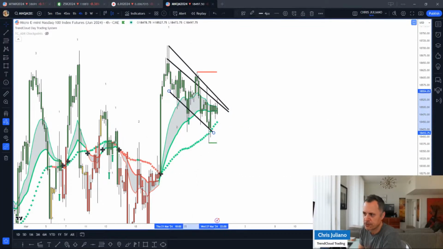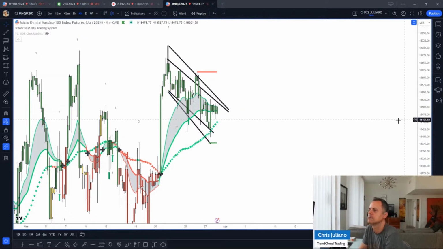You can think more in terms of zones, and that might be a bit more comforting. You'd have to draw that zone like that, but you can do stuff like that.